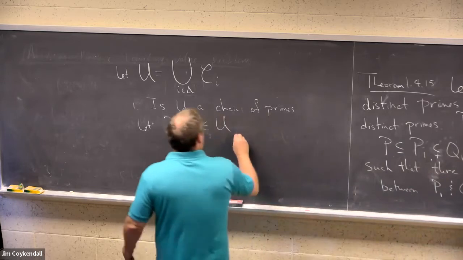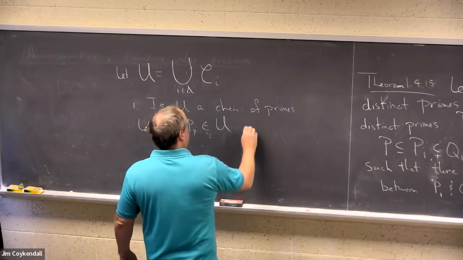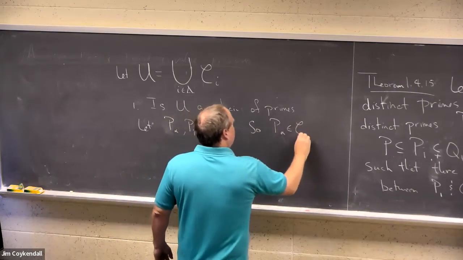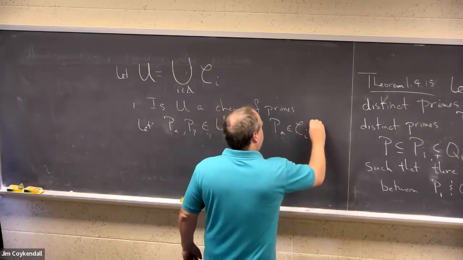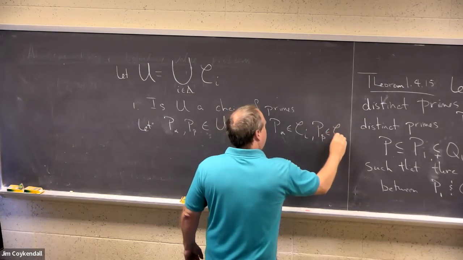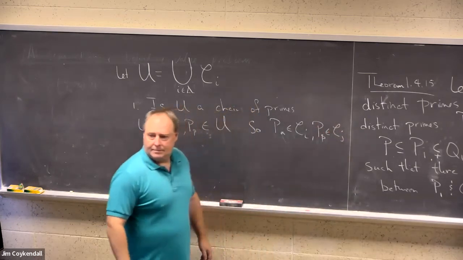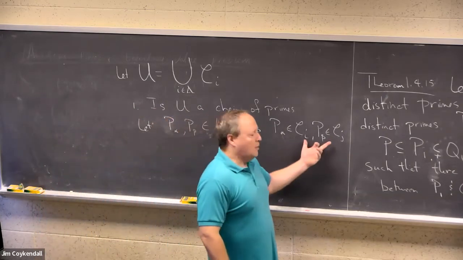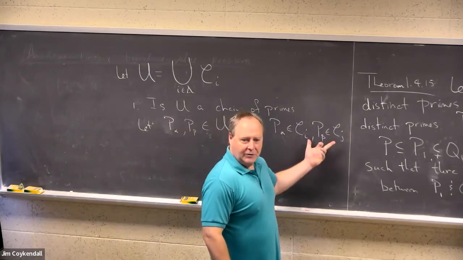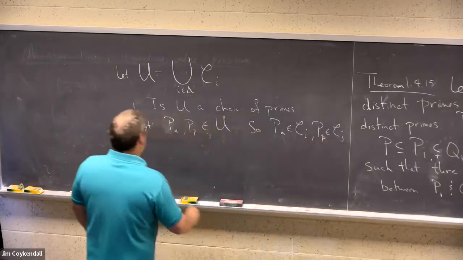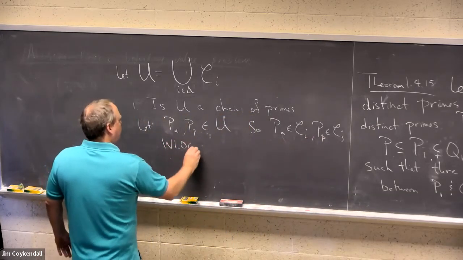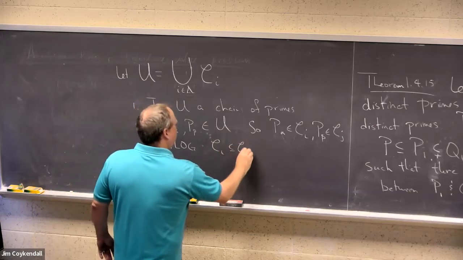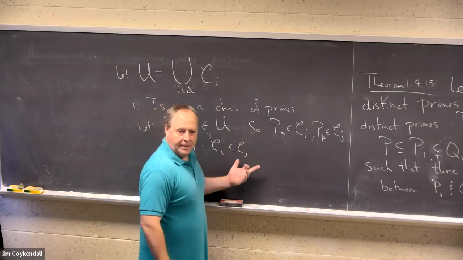So P alpha is in chain C_I and P beta is in chain C_J. What do we know about these chains? This is a chain of chains, so without loss of generality, we'll say that C_I is contained in C_J.